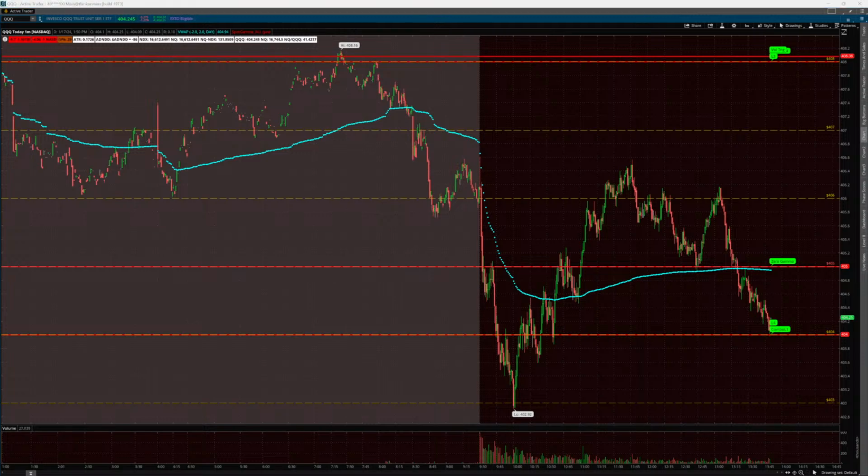So this is the 408 volatility trigger for QQQ, acted as resistance before the cash open. That's around 7:30 a.m. Eastern Time, acting as resistance, and then the 403 level acting as support.